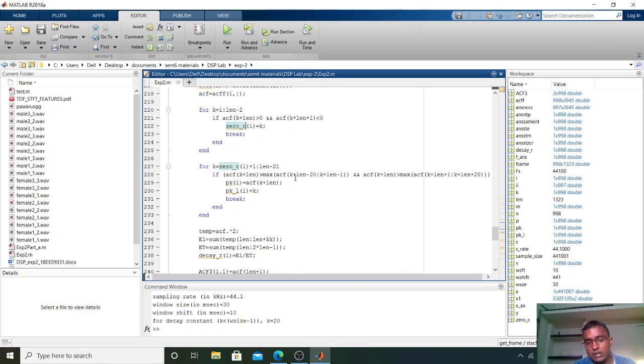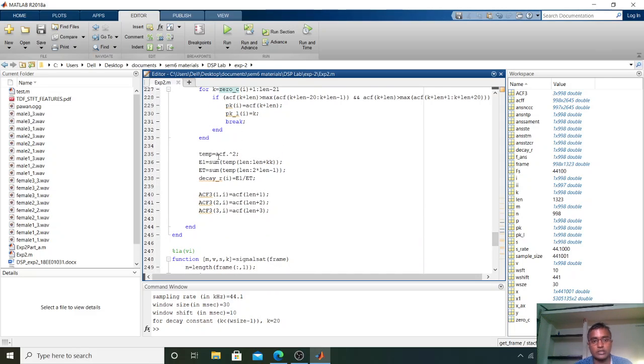If it is greater than both, then that means it is a maximum. Here I am taking 20, not 1, because if I take 1, it will also consider a spike, and that will give a wrong result. So I am taking 20 so that it provides the correct result. Then I am storing the peak value in peak I, and the peak location in peak Li, I am storing k.